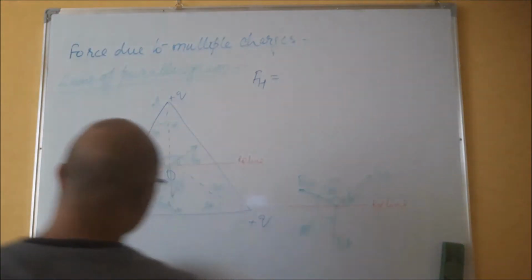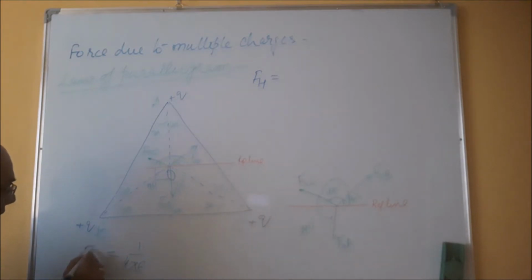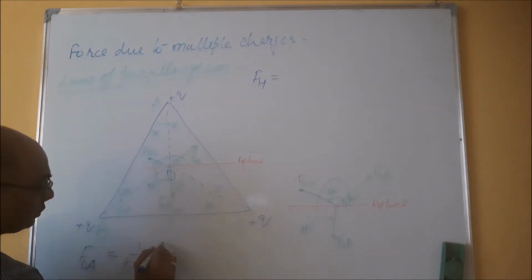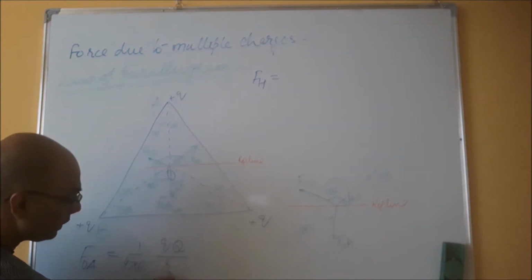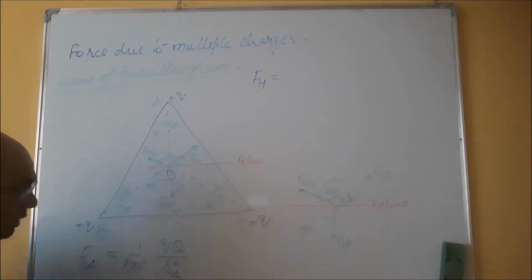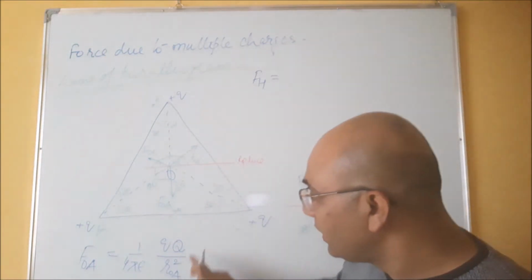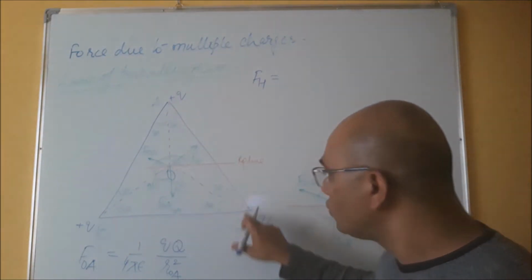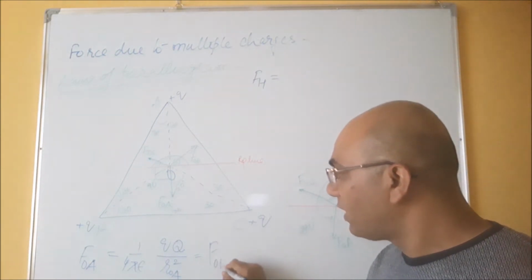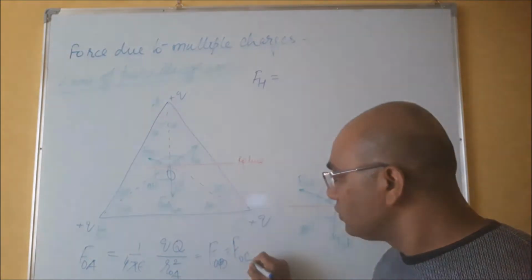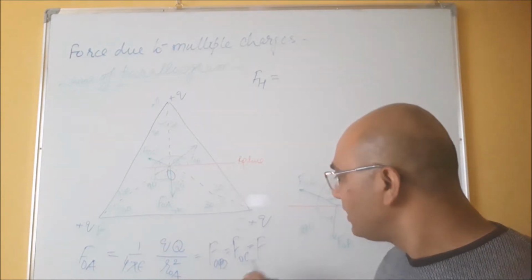So when I write the formula, 1 upon 4 pi epsilon, I am writing first for F_OA: Q times Q divided by the distance between O and A squared. Because I have already taken the direction, I am writing only the magnitude here. You see, R_OA, R_OB, R_OC are all equal, and Q times Q is always equal, and hence when you talk about F_OB or F_OC, this will always remain the same. Suppose this is F. Why will it remain the same?